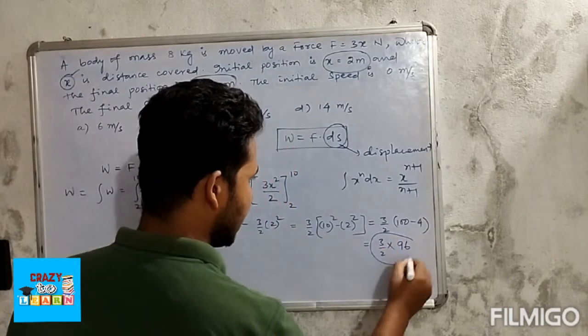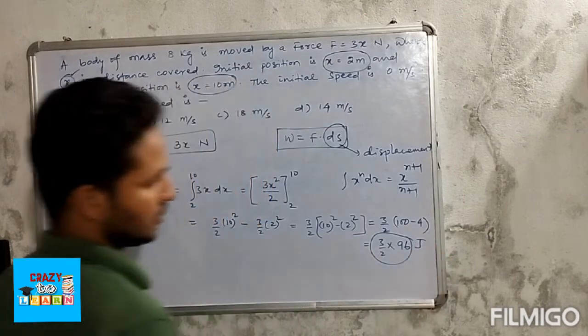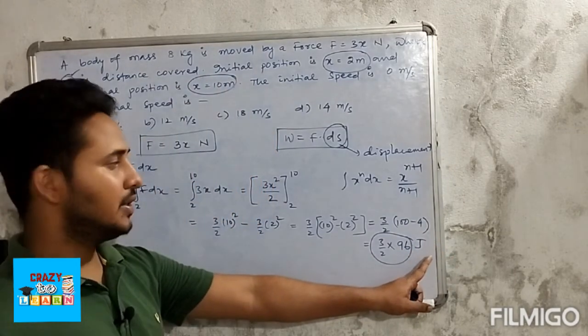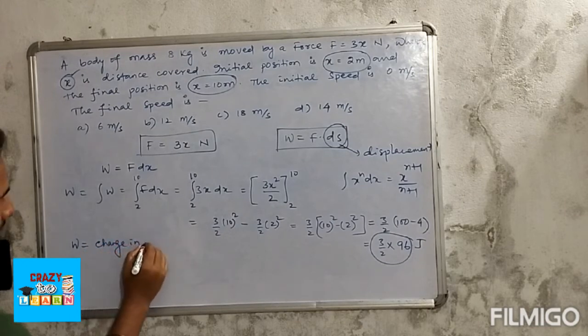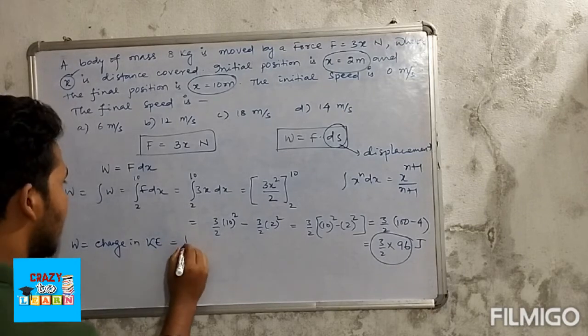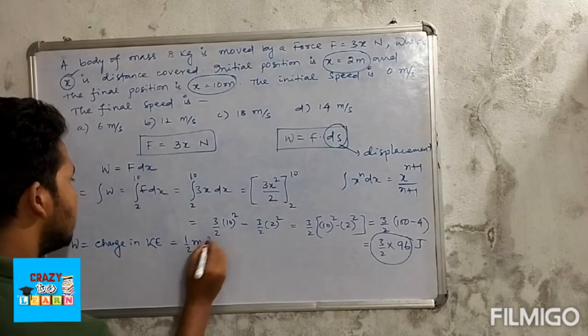This is the amount of work done, and we can write the unit as joule. We know that the work done W is equal to the change in kinetic energy, which is equal to half mv square.